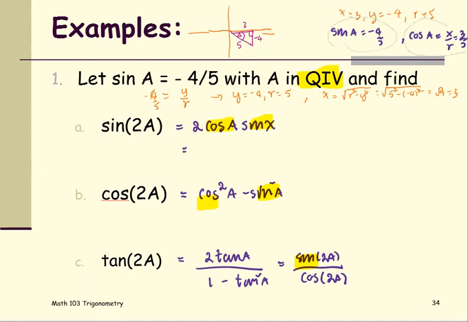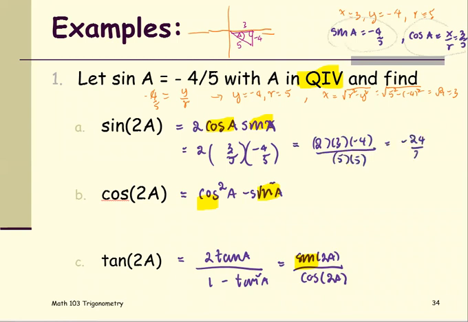For the sine double angle, we have 2 multiplied by the cosine A, which is 3 over 5, and the sine of A, which is negative 4 over 5. Simplify as 2 times 3 times negative 4 divided by 5 times 5, and it turns out to be negative 24 over 25 for the value of the sine of double angle A.